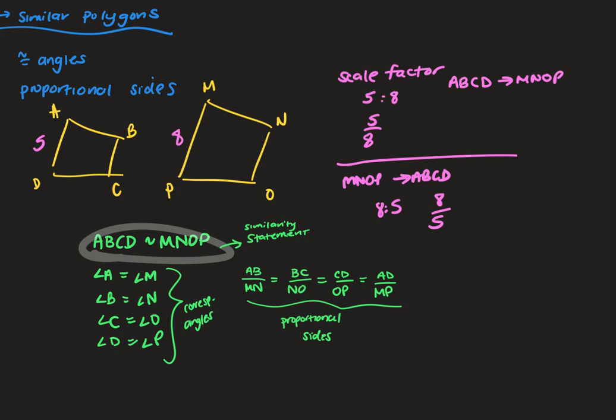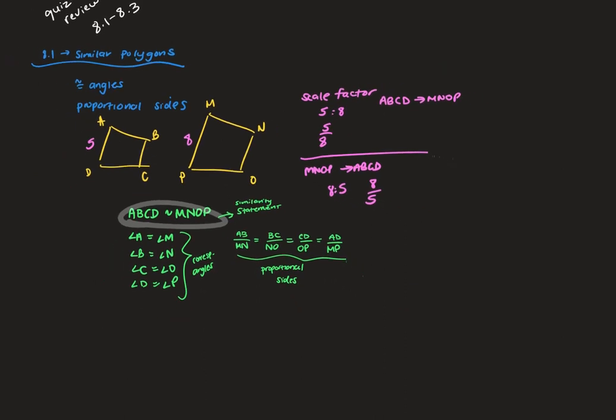Oh, okay. All right, then you got your ratio of sides equals the ratio of the perimeters. So if it asks for the ratio, the scale factor, both of those would equal your scale factor.